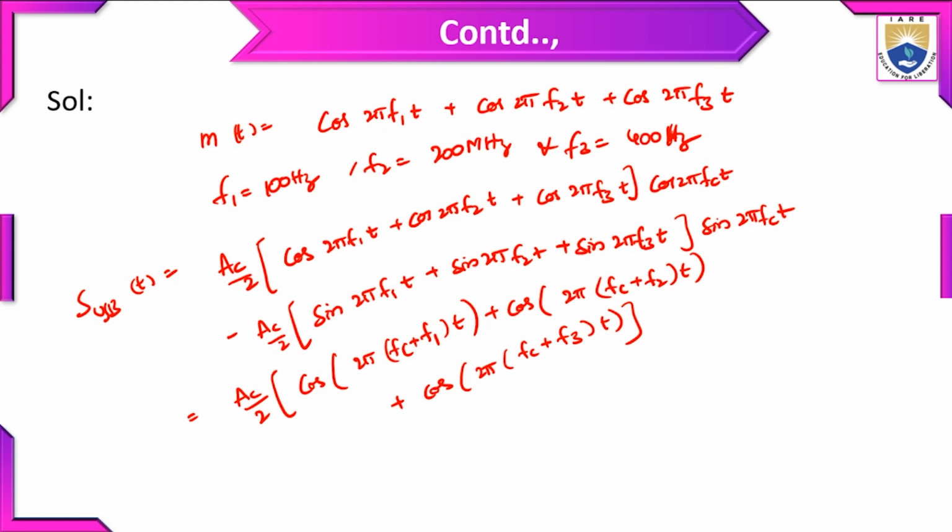Now the output of this expression passing through the coherent detector. So this SSB signal is passing through a coherent detector. Now what is the output of this coherent detector? This is a single sideband with only USB.